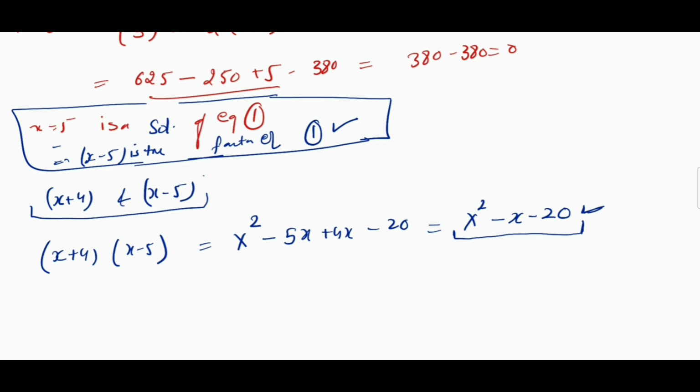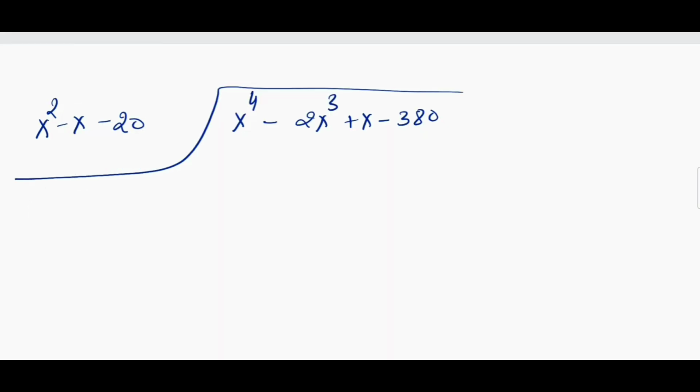factors of that equation. So for that, divide this x raised to power 4 minus x cube plus x minus 380 with this. For the first step, I have to divide the first term of this with the first term of this. We'll get x raised to power 4 divided by x square is equal to x square.